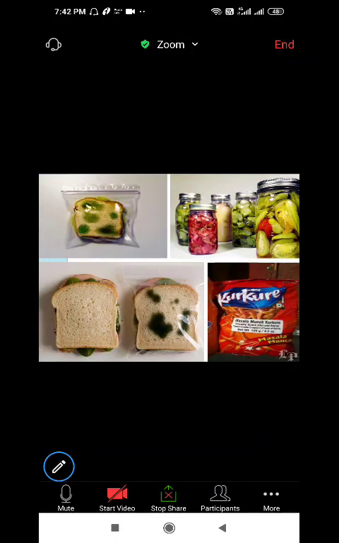You can see here there are green patches on the sandwich bread, right? This is an example that the food has got spoiled, right? If you remember when your mom or grandmom is preparing pickle at home, what they used to do is keep a thick layer of oil over the surface of the pickle.